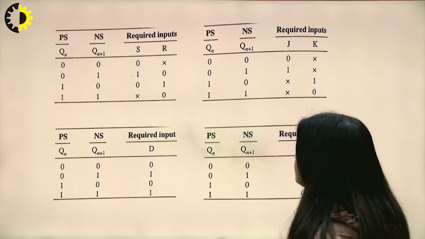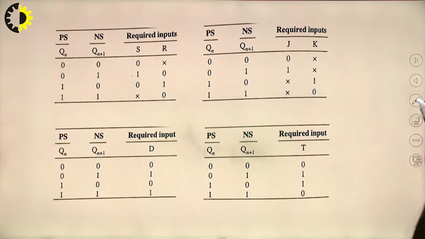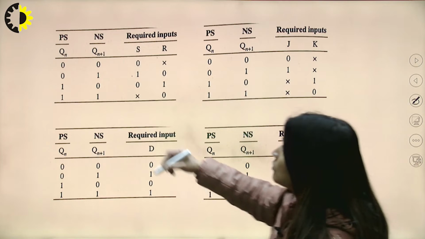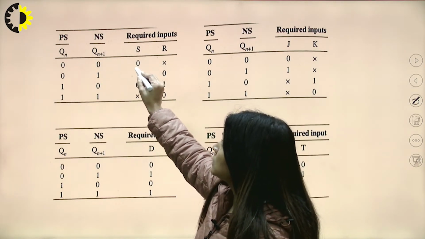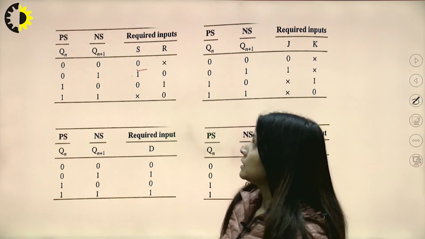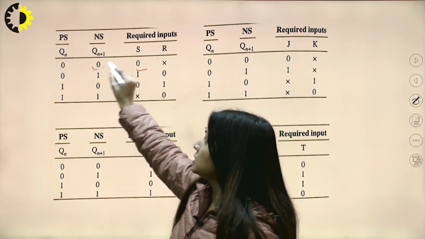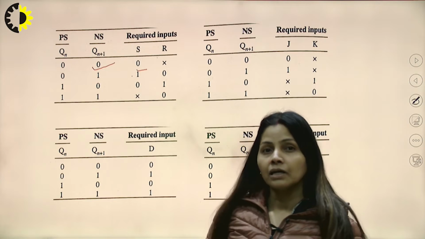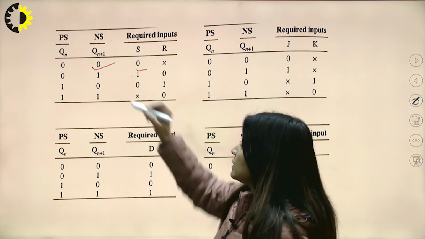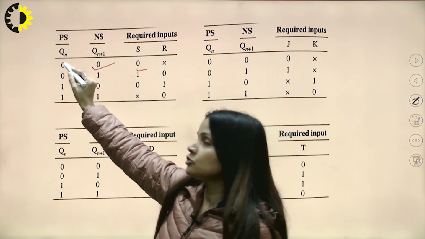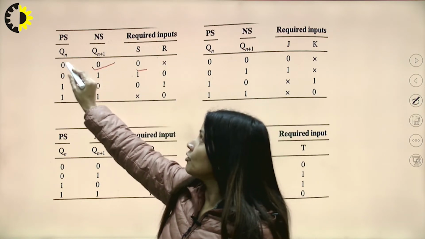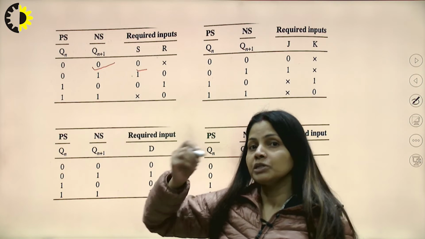So here, coming to the SR flip-flop. As we know, when we give input 0 to this S, the next state is always 0. So for 0, 0, there will be no change. If Qn is 0, then Qn plus 1 will be 0.